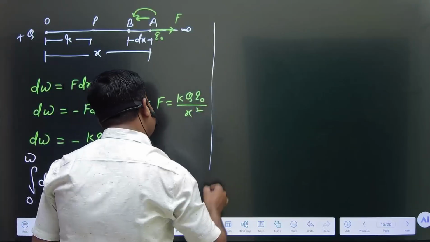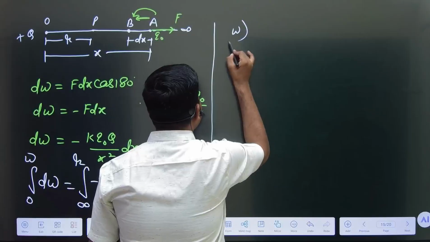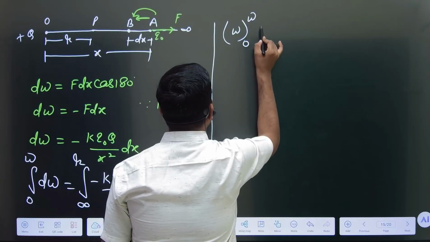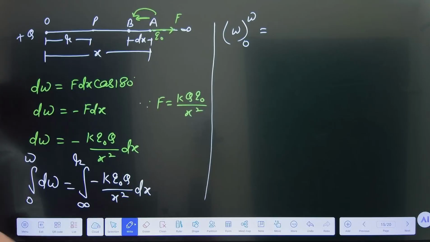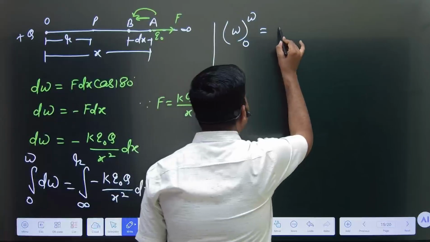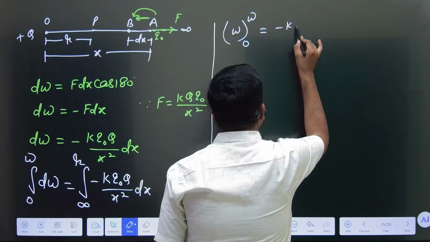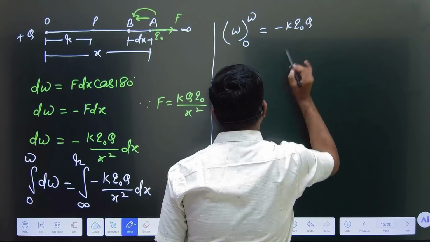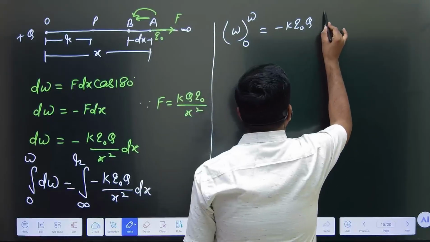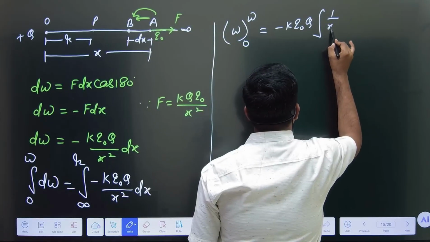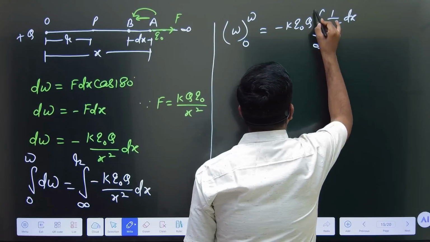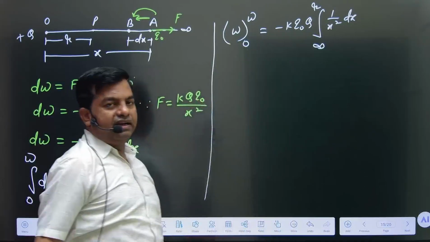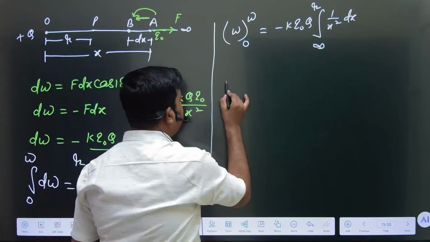So we know that integration of dW is W, and the limit is 0 to W, equal to dx. We have to integrate with respect to dx. So this is constant, minus K Q naught capital Q, this is constant, and integrate with respect to 1 upon x square into dx, and the limit is infinity to R. On integrating, we put the upper limit minus lower limit.